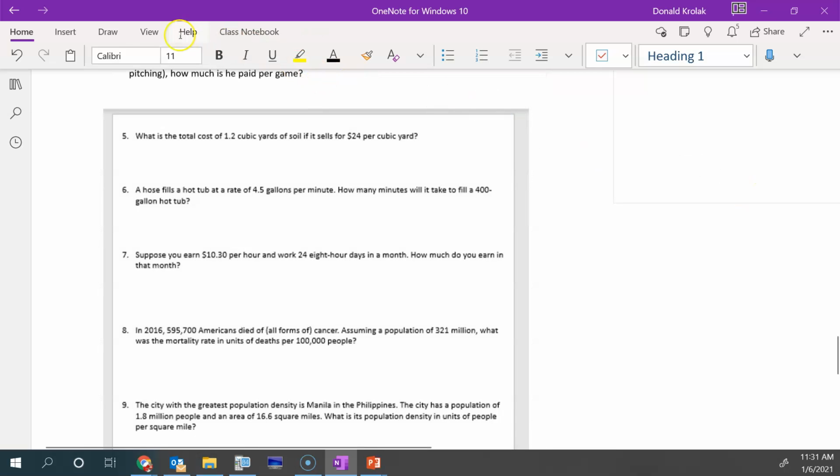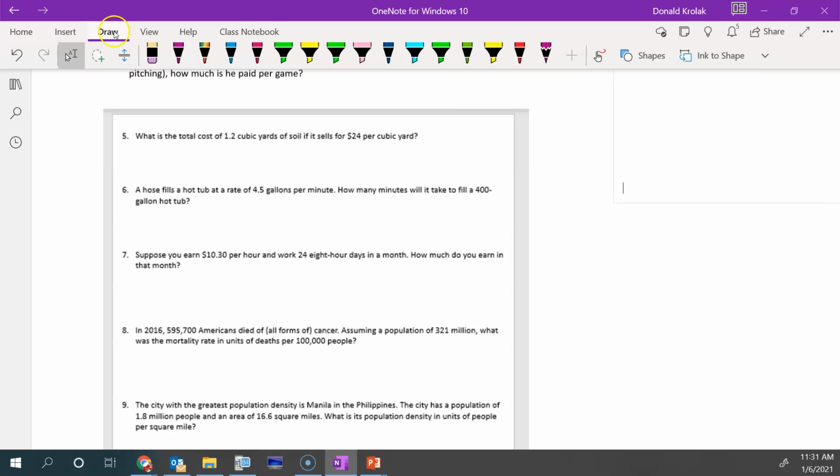All right. So it's asking you, what's the cost if you get 1.2 yards of soil and you sell it for $24 per cubic yard? Okay. Now, you know what a cubic yard is?